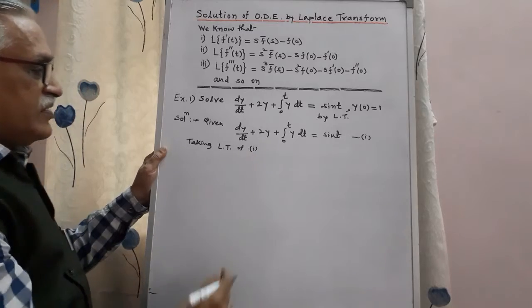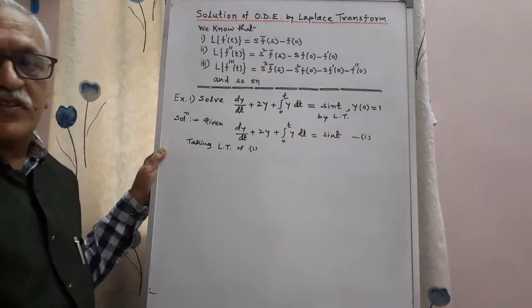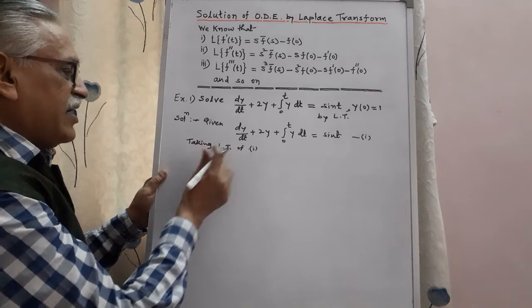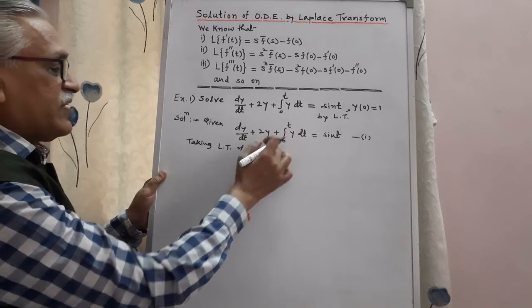equation 1. It means Laplace of left hand side is equal to Laplace of right hand side, and then taking individual Laplace on the left hand side.